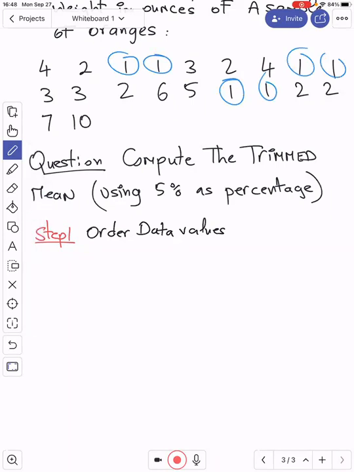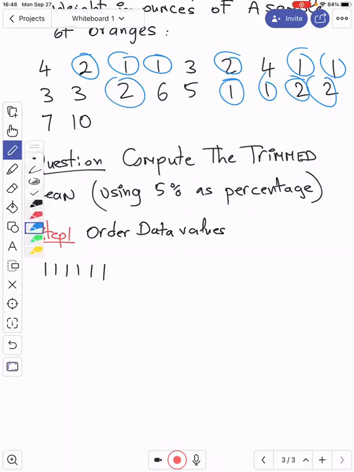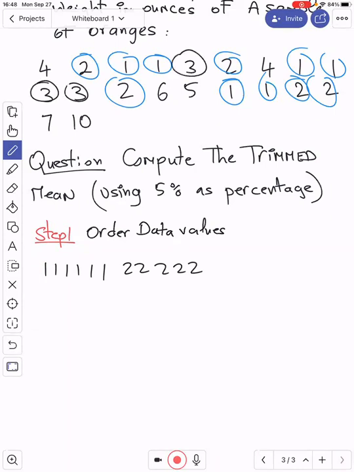Then 5 twos, three threes, and then 2 fours, and then 6, 5, 7, and 10.